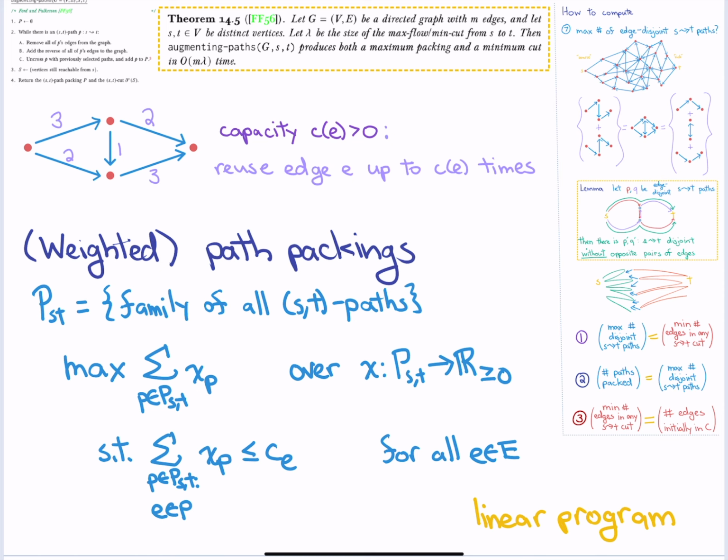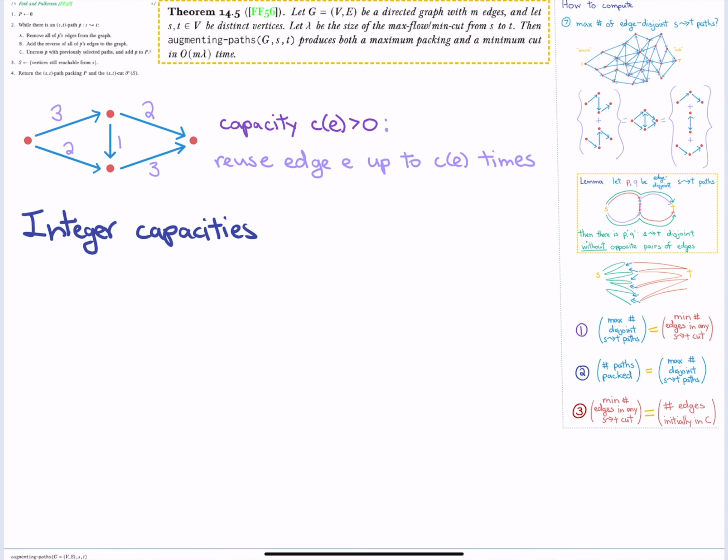That can happen. So that's a weighted path packing, and this allows us to naturally handle capacities.